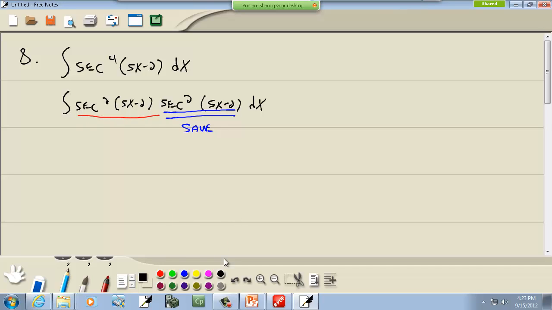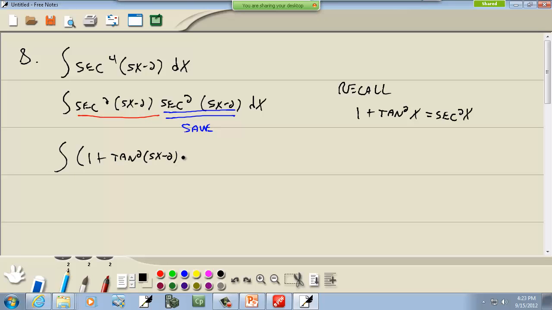Well, recall 1 plus tangent squared is equal to secant squared. So this right here, the secant squared, I could rewrite as 1 plus tangent squared. So let's do that. So this will be 1 plus tangent squared 5x minus 2. And then here's our save. Now we're going to want to use a distributive property.